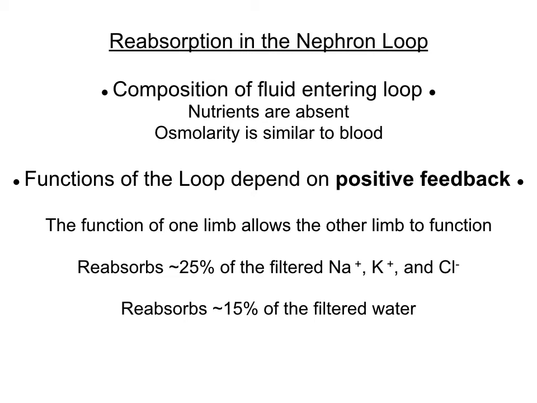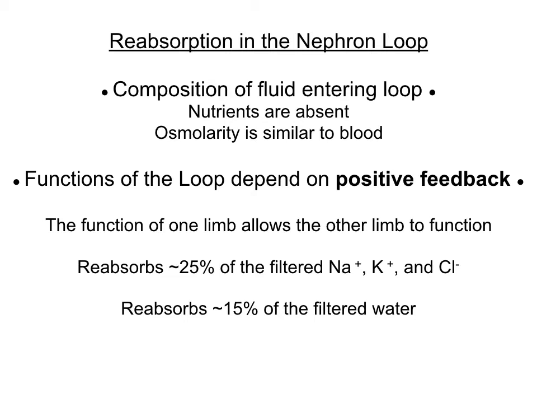Overall, your nephron loop is responsible for reabsorbing about another 25% of your filtered sodium, potassium, and chloride. However, this potassium that is reabsorbed is going to be secreted back almost immediately into your tubular fluid as well.